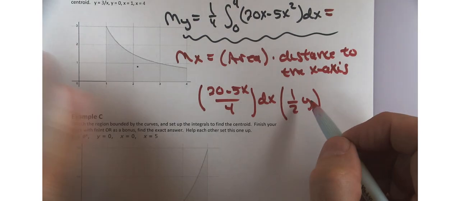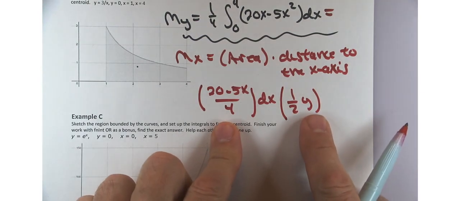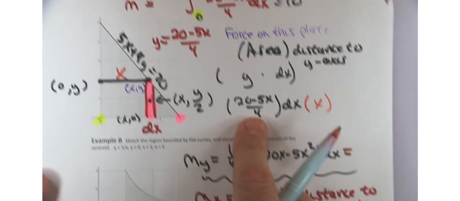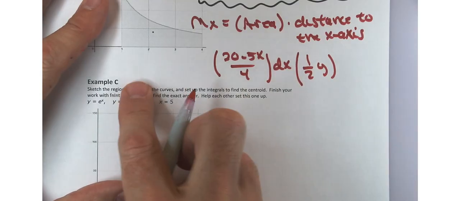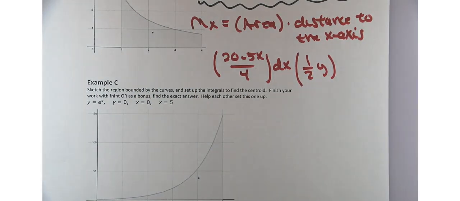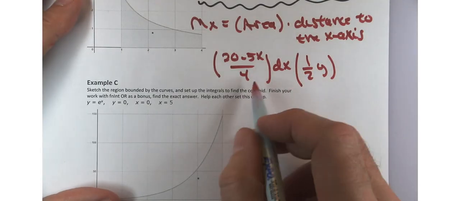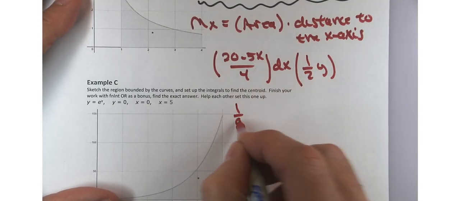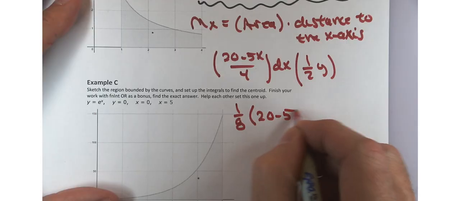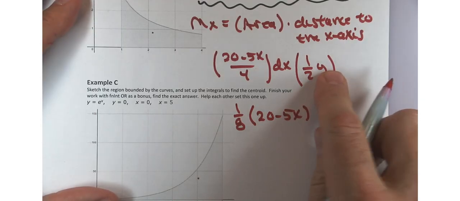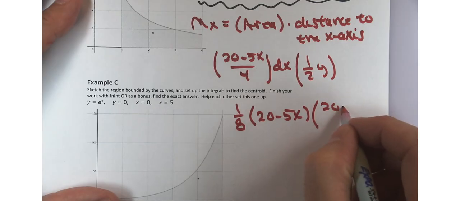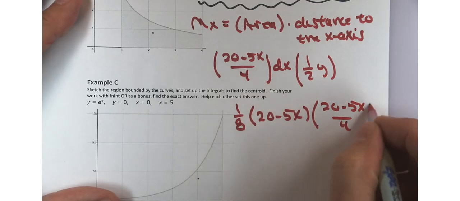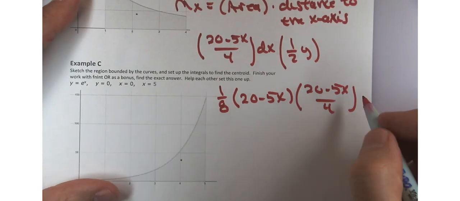And what happens when I have 1/2 times y? Well, I'm going to replace y by this expression right here. I'm going to take the 1/2 and the 1/4 all the way out in front. So 1/2 times 1/4 is going to be a 1/8. 20 minus 5x, and this is going to be y, which is 20 minus 5x over 4. And then I have a dx here.